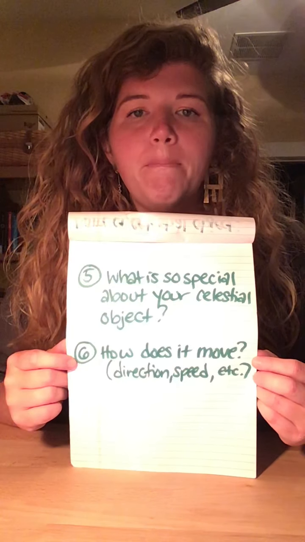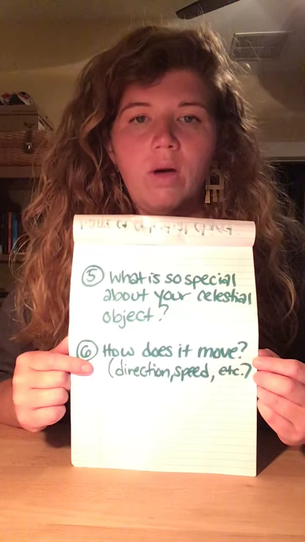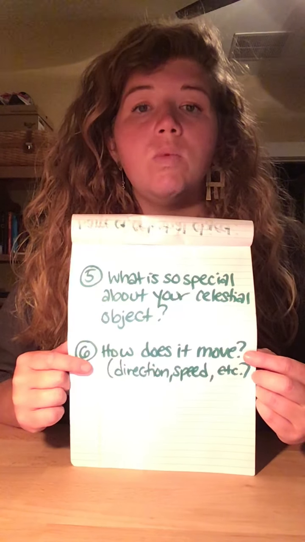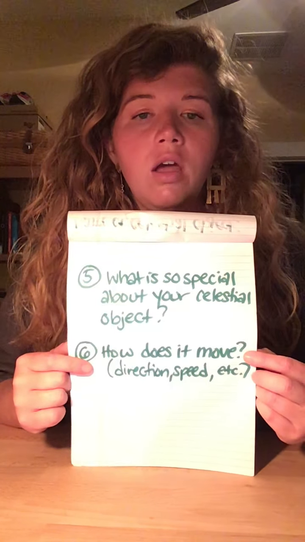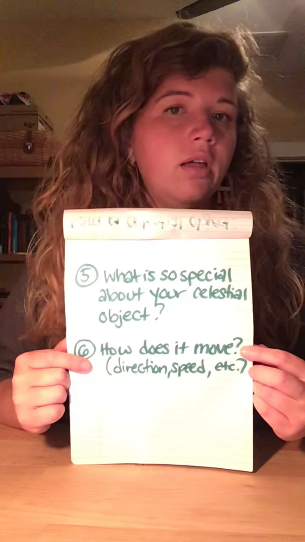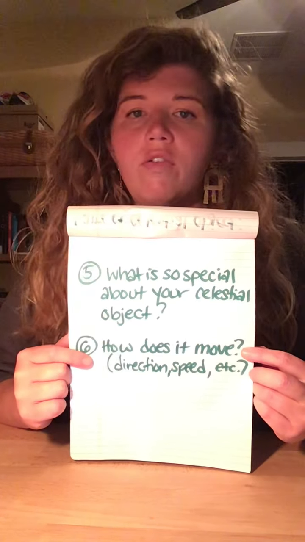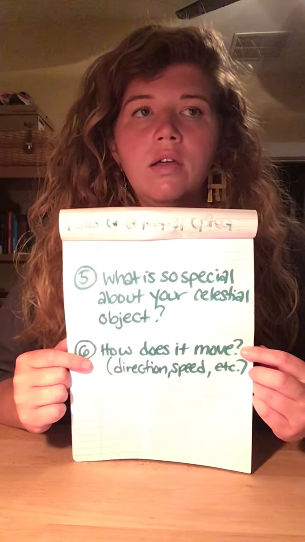And last one, number 6. How does it move? I know that's a very vague question, but I'm talking about in which direction does it move? Does it move towards the sun, away from the sun, around the sun? Does it bounce off of other objects?